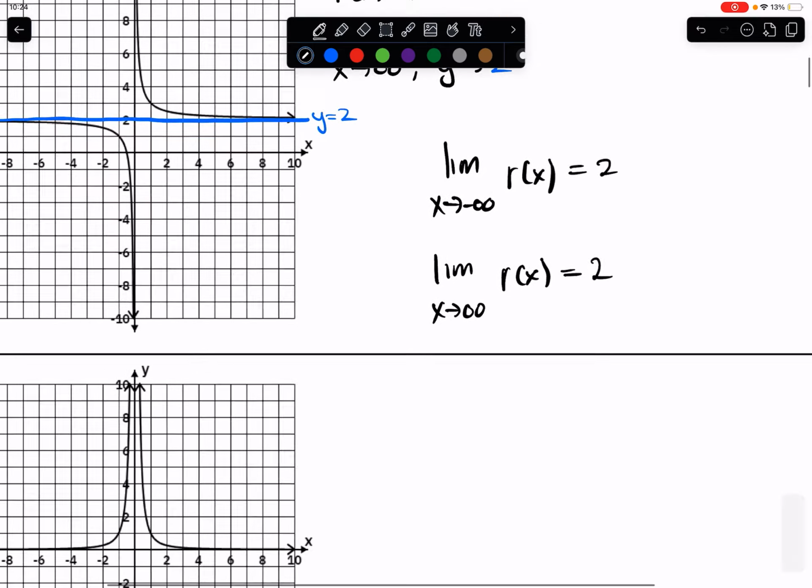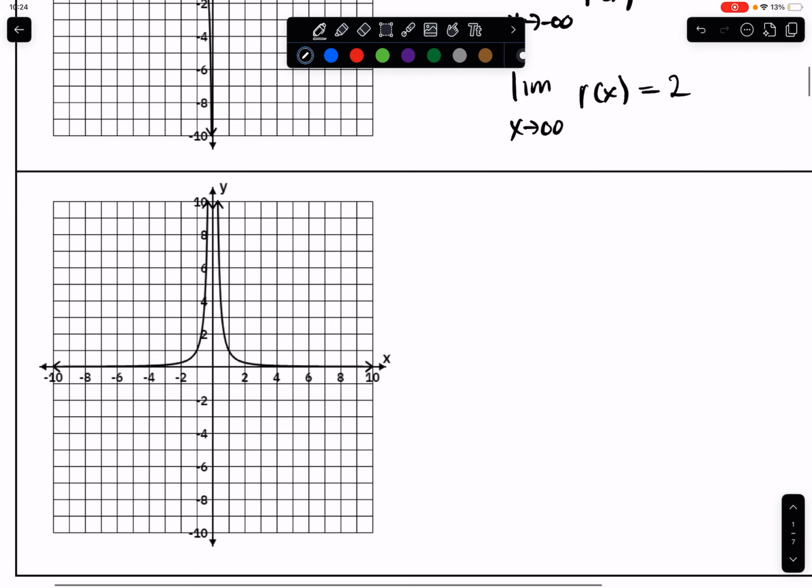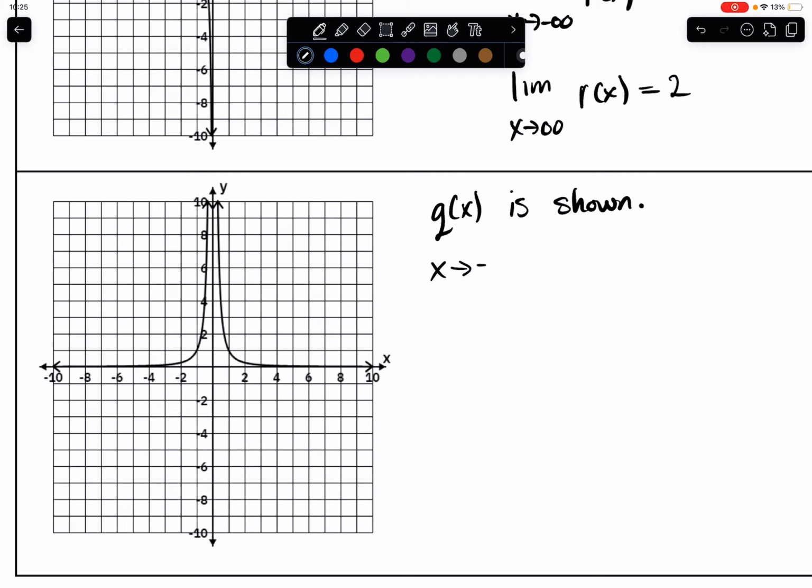Let's take now another example. This is another example of a rational function. We'll call it q. So q of x is shown here. And to determine the end behaviors of our function, what is y getting closer to on the very far left and very far right?